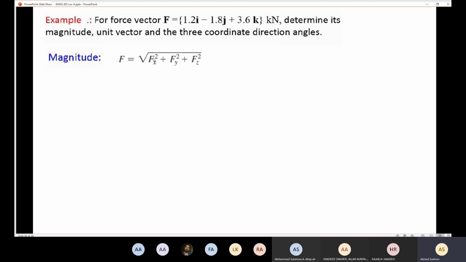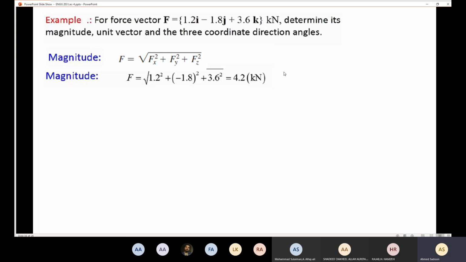So I'm going to substitute these numbers in this equation. The magnitude is the square root of 1.2 squared plus, open the bracket, minus 1.8 squared plus 3.6 squared, and the answer came out to be 4.2 kilonewton.